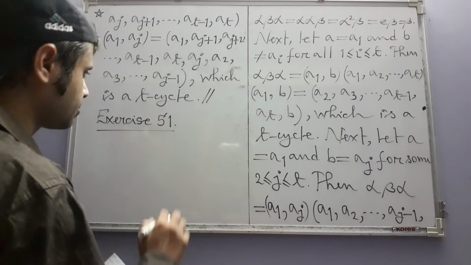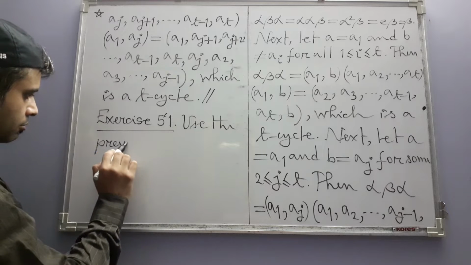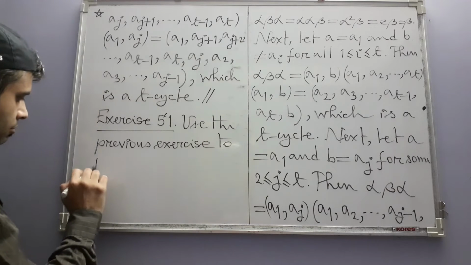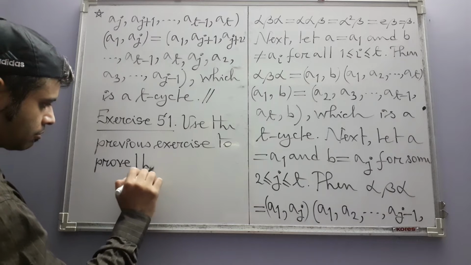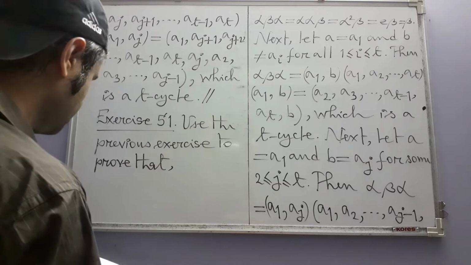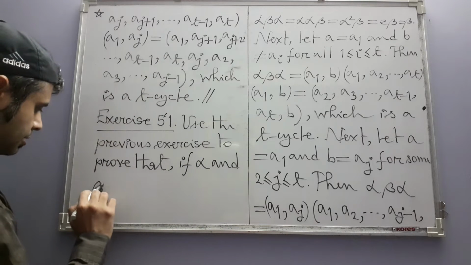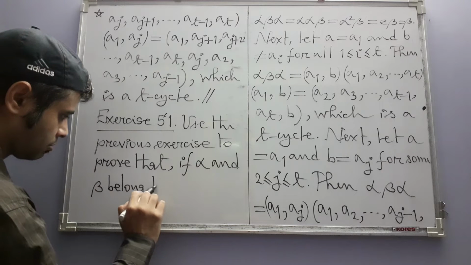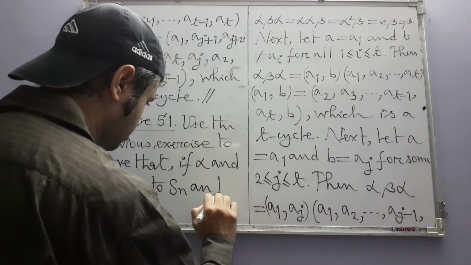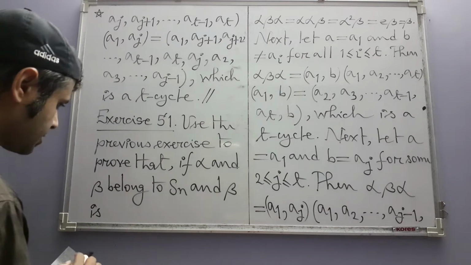Use the previous exercise to prove that if alpha and beta belong to the symmetric group Sn, and beta is the product of k cycles.